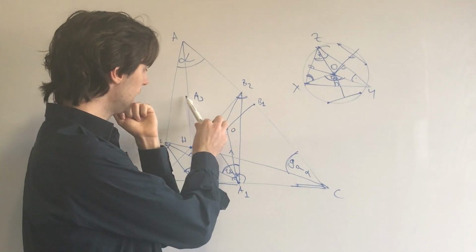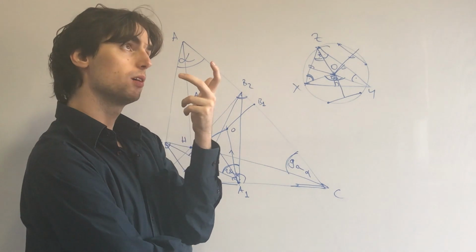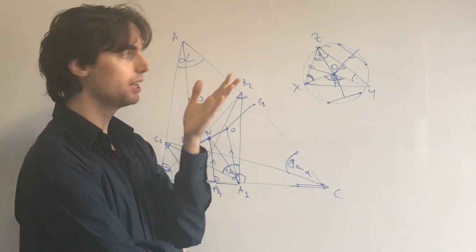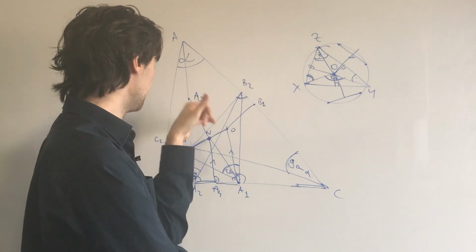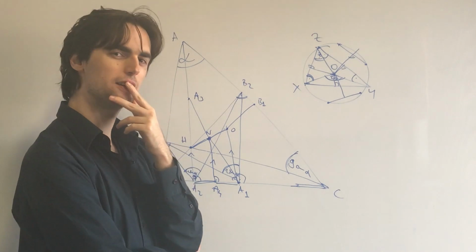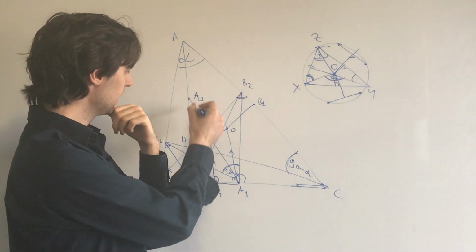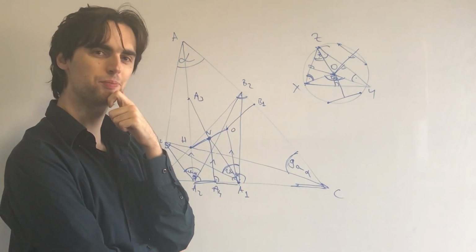Can you tell me what the length of A1A3 is, and express that in the elements of the triangle, like the side lengths a, b, c, or AO, AH? Could you do that? I invite you to take 5 minutes and think about it.